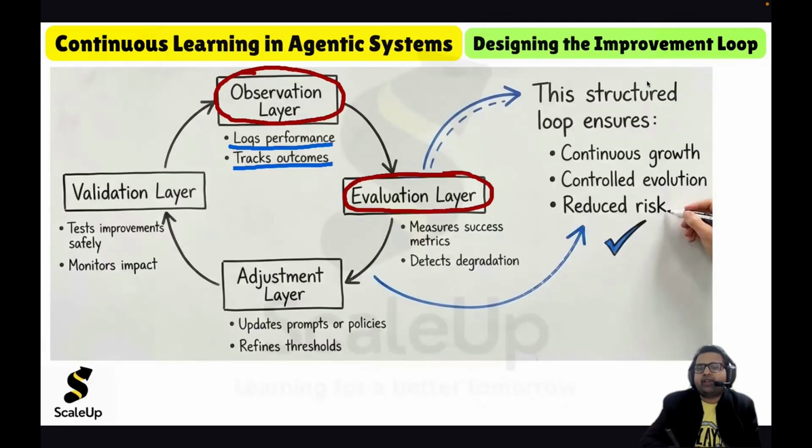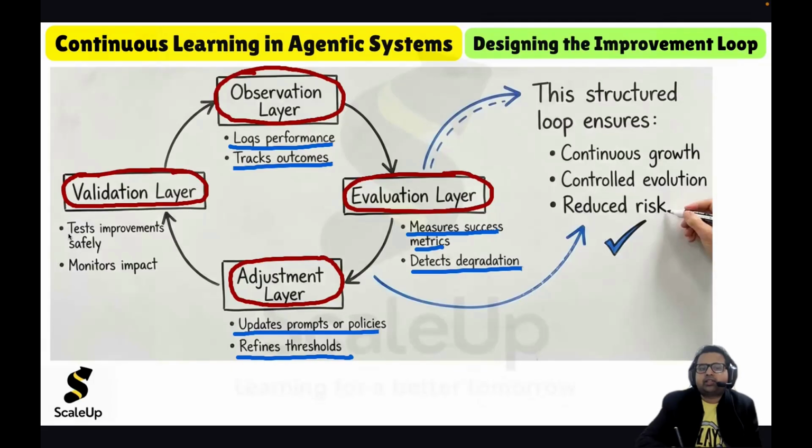The evaluation layer will measure success metrics and detect degradation. We will have the adjustment layer. It will update prompts or policies and refine thresholds. And we have the validation layer. It will test improvements safely and monitor impact.